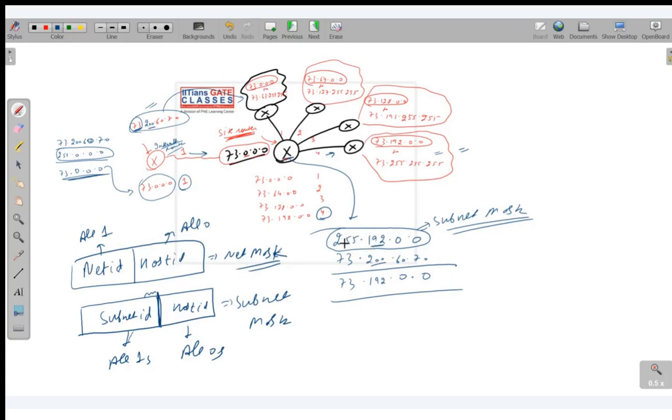For class A, the net mask had all ones in the first part. When we have borrowed the bits, we will put all ones only. If we put all zeros, then obviously the answer will always be 0, so what is the use of that? In host ID, we have put all zeros.